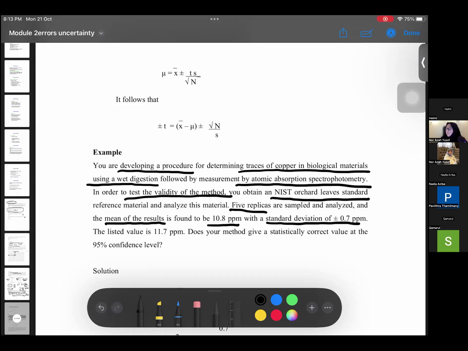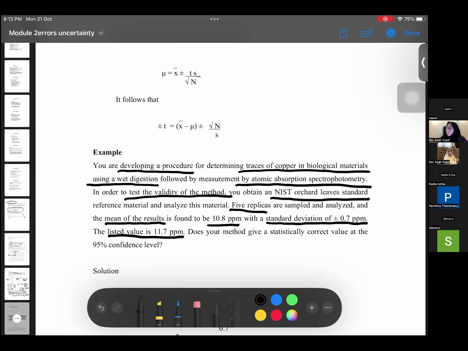The standard deviation is also given, plus minus 0.7. The listed value, meaning the claim if you observe the container, is 11.7 ppm, the probable traces of copper in that biological material.